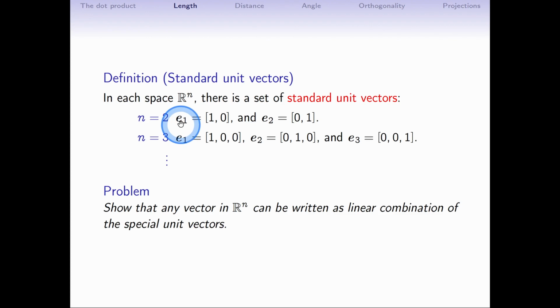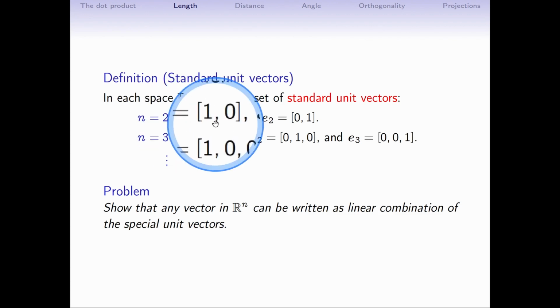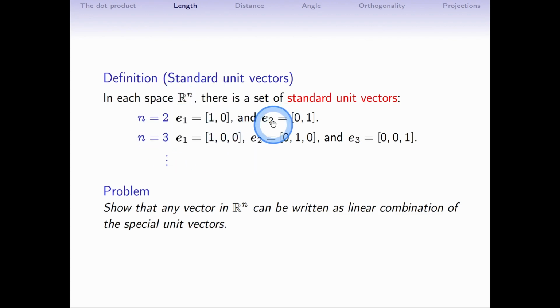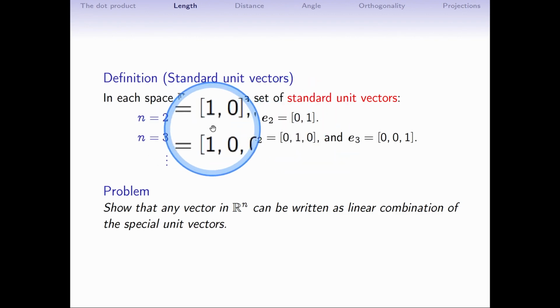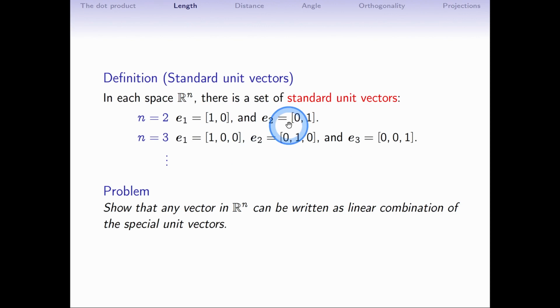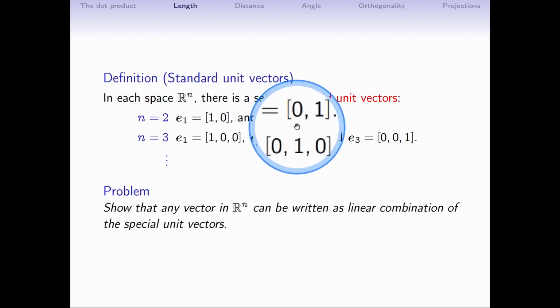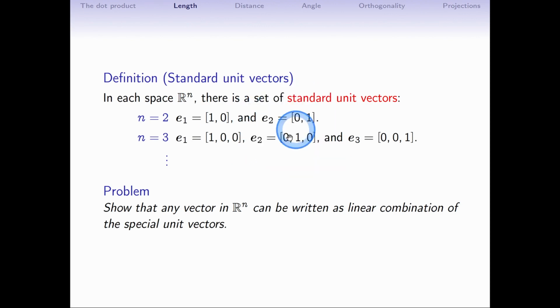So we have a vector called E1, which has components 1 and 0, and a vector called E2, which has components 0 and 1. So E1 is pointing down the positive x-axis, if you will, and E2 is pointing down the positive y-axis. For n equals 3, we have 3 standard unit vectors named E1, E2, and E3.